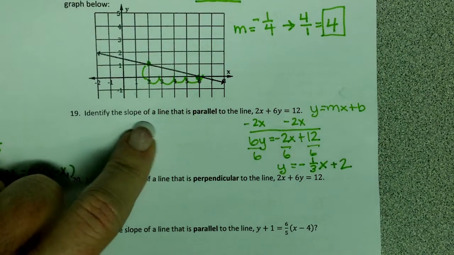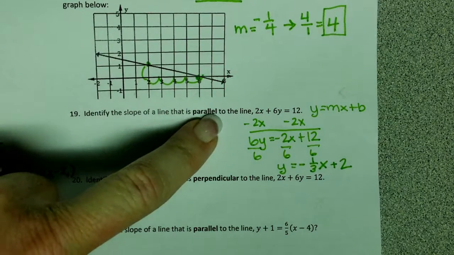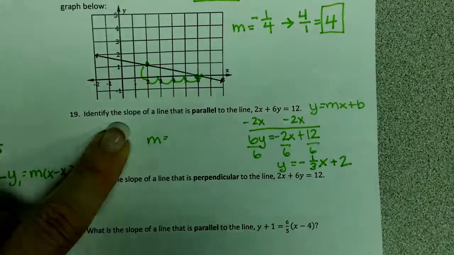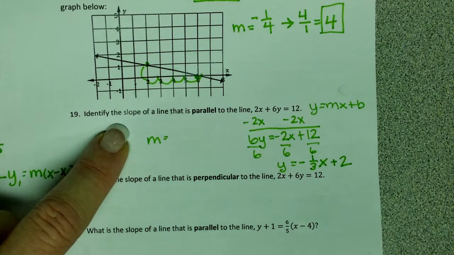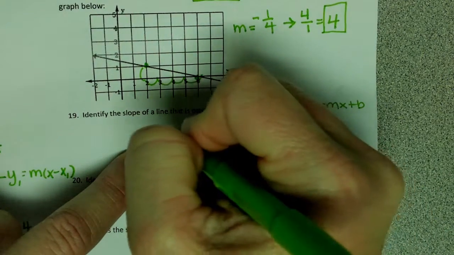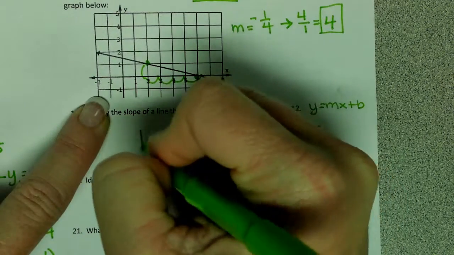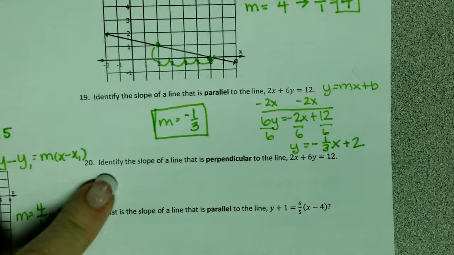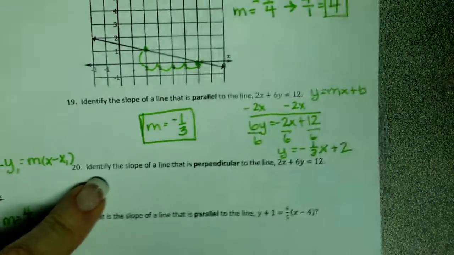What does my slope have to be in order for it to be parallel to this line? Negative 1 over 3. We keep it the same.